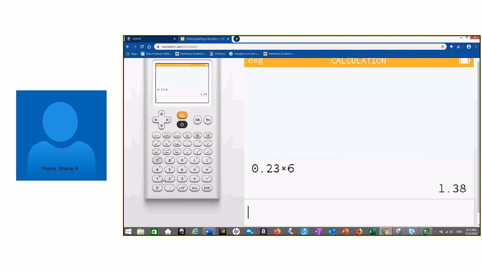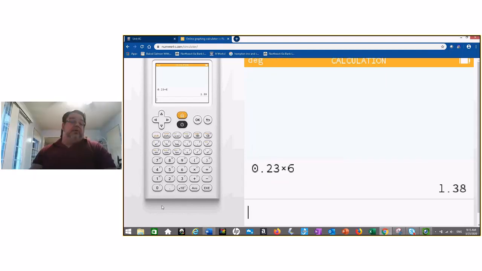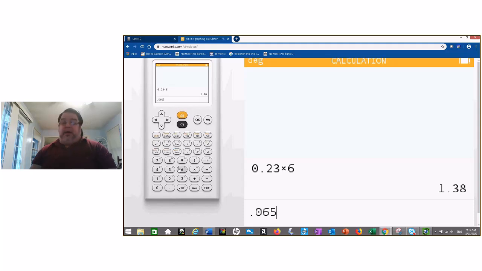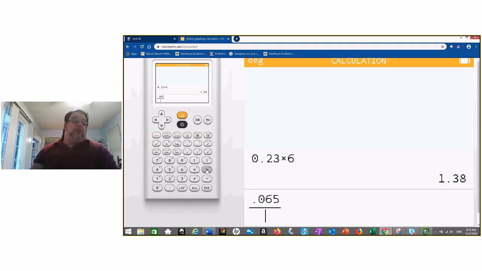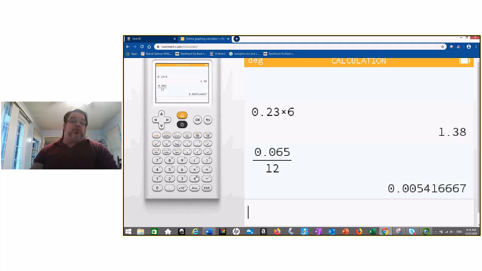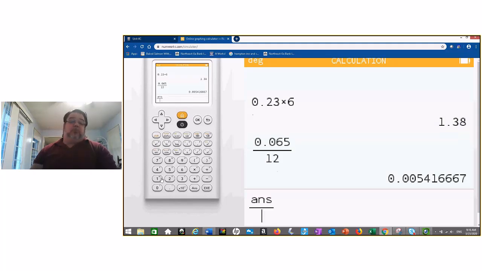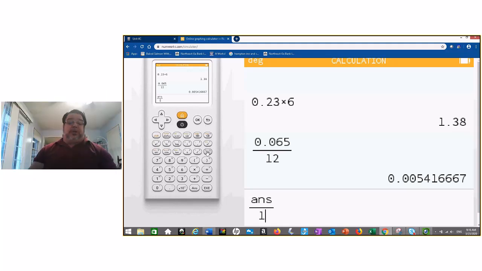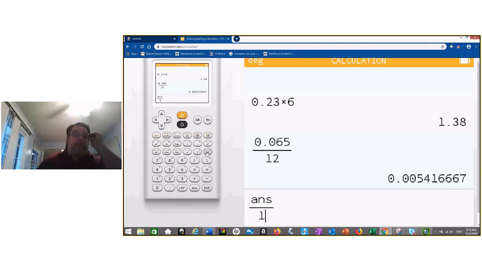All right, so I'm going to take 0.065, and I'm going to divide that by 12. And that's equal to, and that's plus 1. I'm not used to this calculator, I'm sorry.